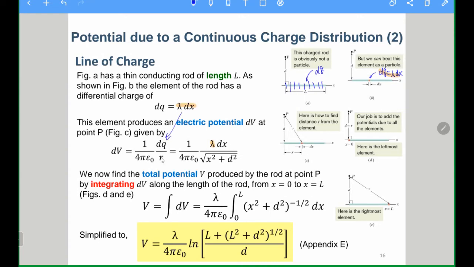For r, from this point to here, this is r, and according to the Pythagorean theorem, r is the square root of d squared plus x squared. Maybe I can draw the arrow here. Okay, like this.